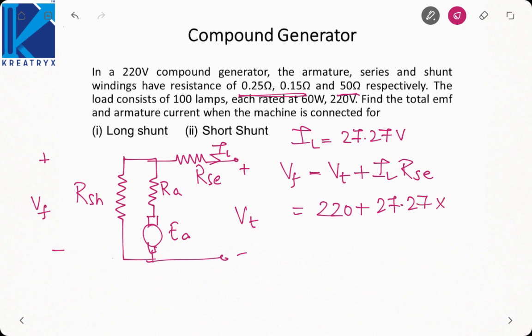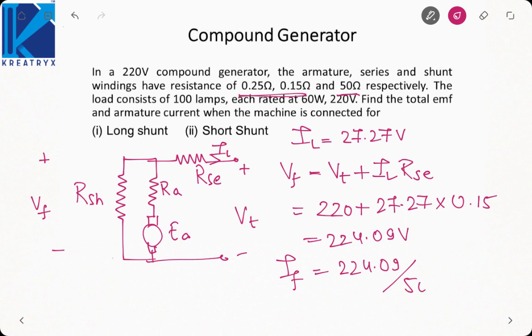R series is how much? 0.15. So how much will this come out to be? 224.09 volt. Based on that, we can calculate field current: 224.09 by field resistance, which is 50. So it will be 4.4818 ampere.